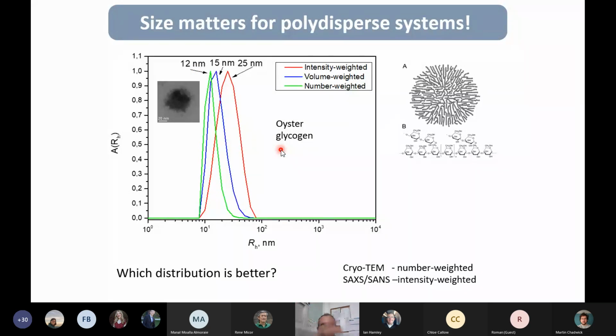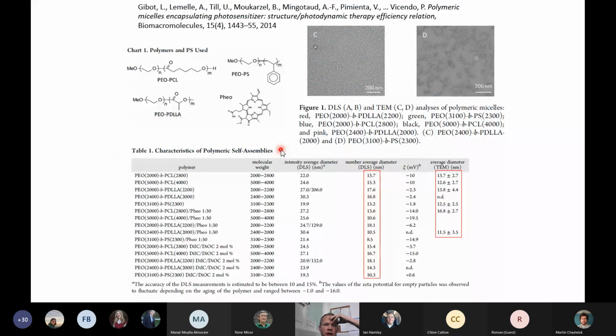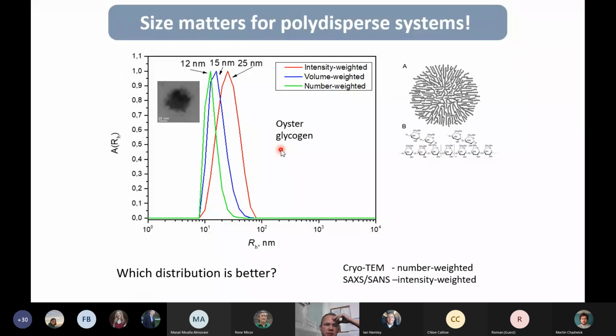Many times people observe a certain discrepancy between the value of the hydrodynamic radius provided by dynamic light scattering and the values provided by microscopy, for example cryo-TEM experiments. In many papers there was a discussion of the source of this discrepancy. Actually, the main reason comes from the different weighting procedure.